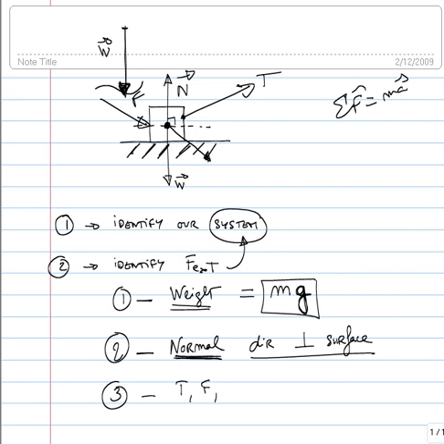So this particular force F, which could be a pushing force, somebody is pushing on that object. Take that force, since it's a vector, move it and plot it from the same point at which you plotted W and N. Similarly, T, if you're putting T on your system, take that vector and replot it from your center of mass.